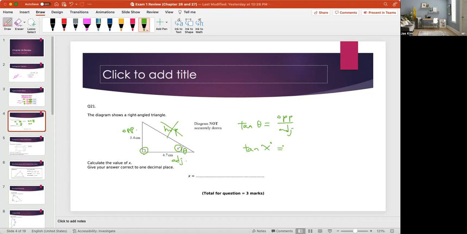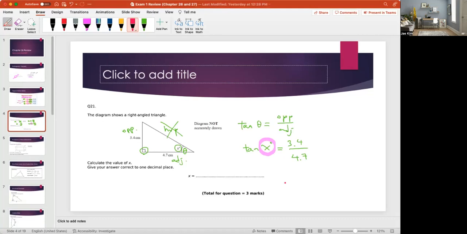So this means tangent x degrees equals 3.4 over 4.7. And as we have studied, if we're looking for an angle, on your calculator we must use inverse tangent.